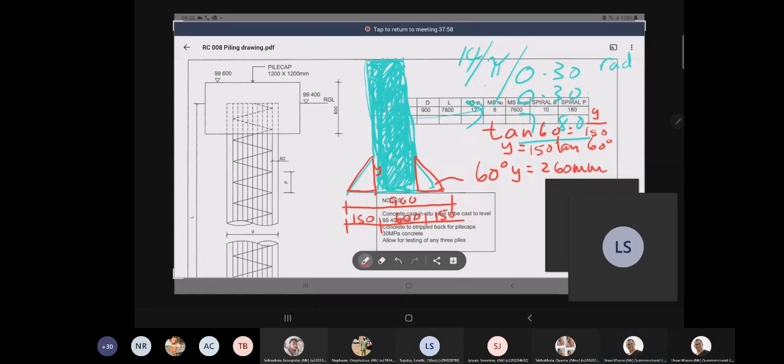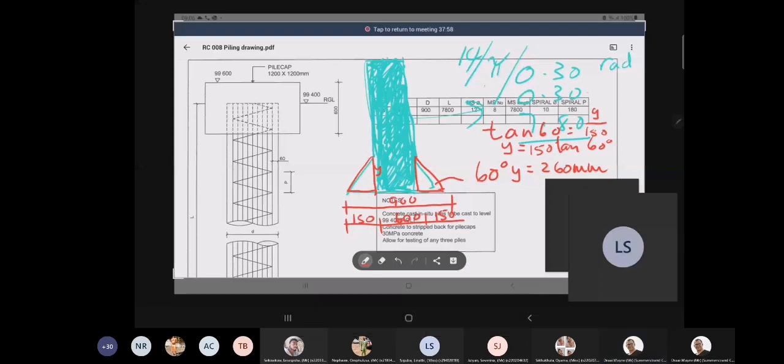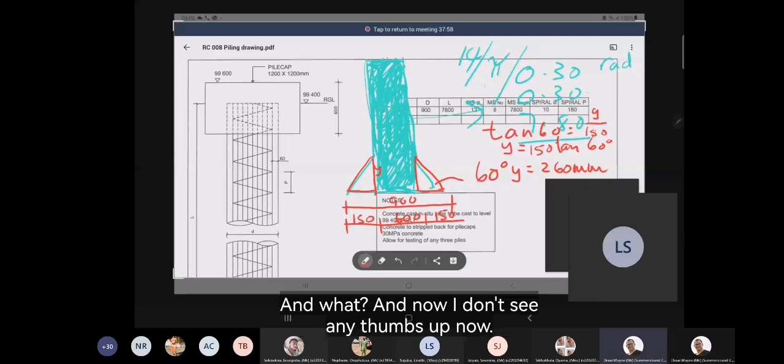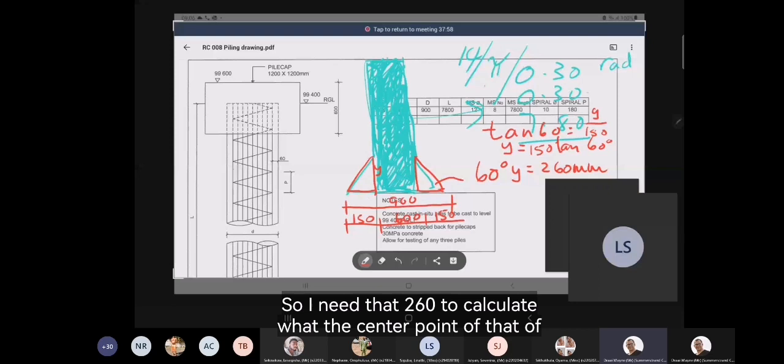Right? So based on what I've just calculated, I can now determine what the center point for that triangular section is. Do you agree? I need that 260 to calculate what the center point of that triangular shape would be.